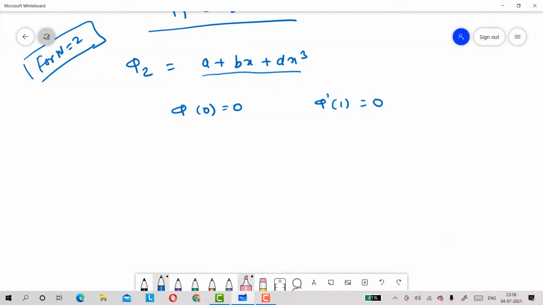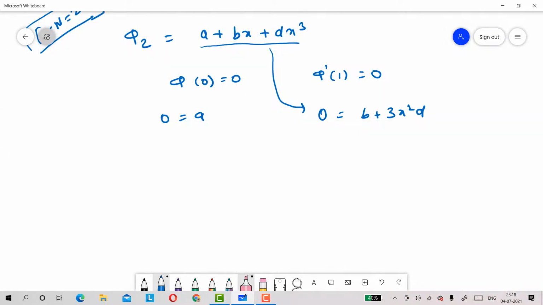So on putting this, we will get a equals 0 and 0 equals b plus 3x square d. We just differentiate this term, nothing else. So we will get 0 equals b plus 3d. This implies b equals minus 3d.